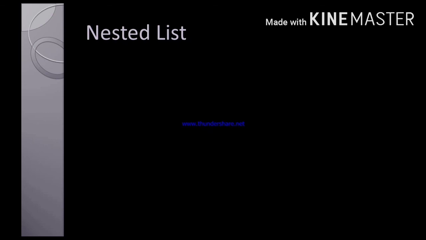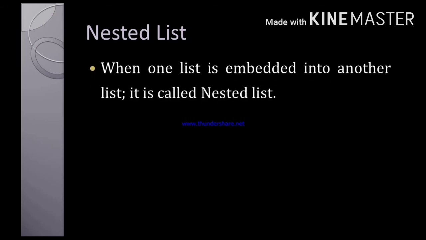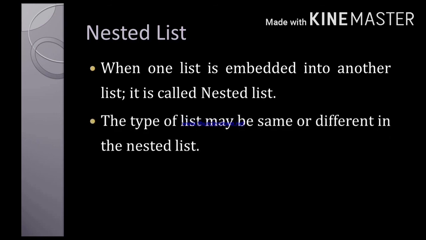Next, the topic is nested list. Now what is nesting? Whenever one kind of list is added into another kind of list, it is called a nested list. When one list is embedded into another list, it is called a nested list. The type of list may be the same or different in the nested list.